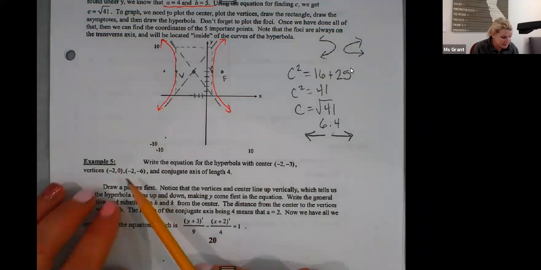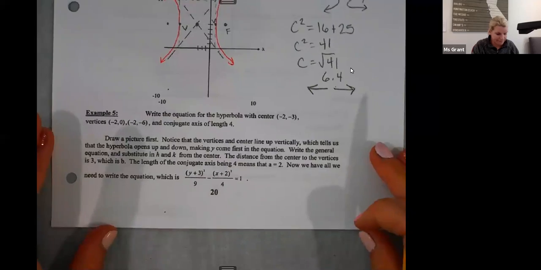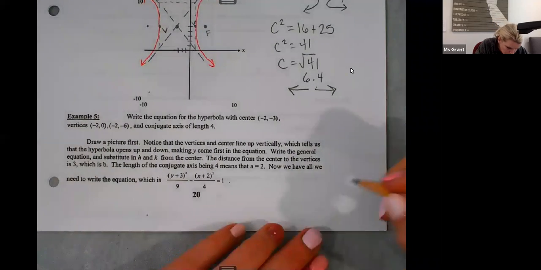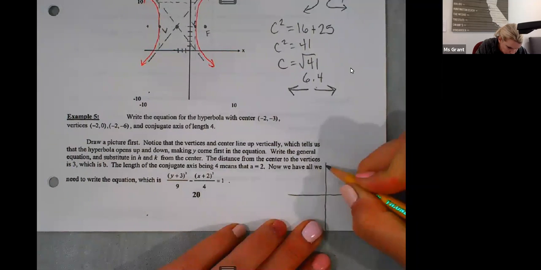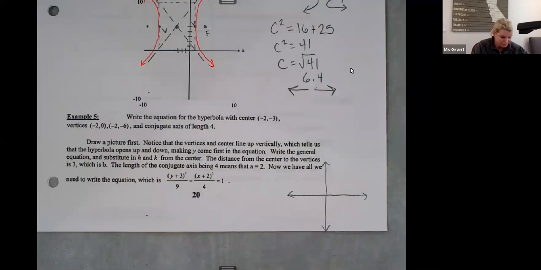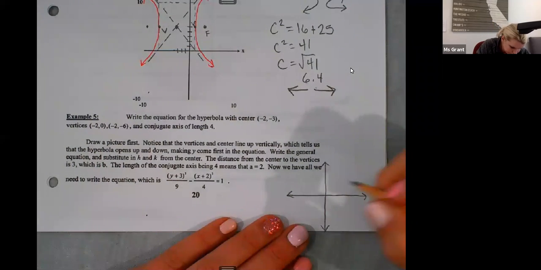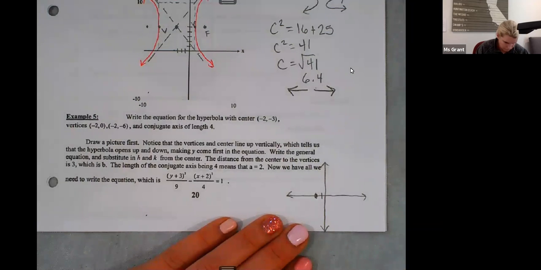The vertices, okay, I'm going to draw a little sketch because this matters. Here's my sketch. My vertices are -2, 0 and -2, -6.